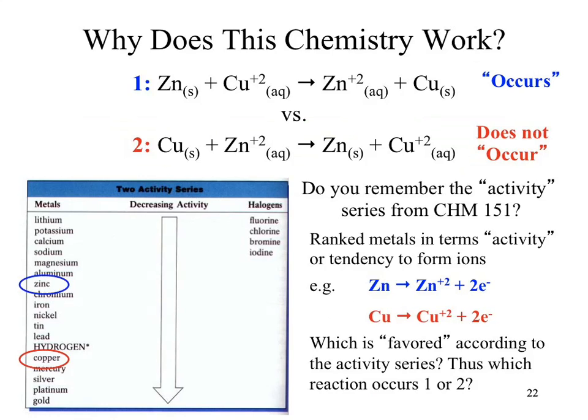So if we look at gold, the bottom of our activity series, it does not want to become an ion. Does that make sense? What's most of our jewelry made out of? What do we put all of our value, as far as our society, into? Gold. Why? It doesn't change its physical state. Very difficult to get gold to react.